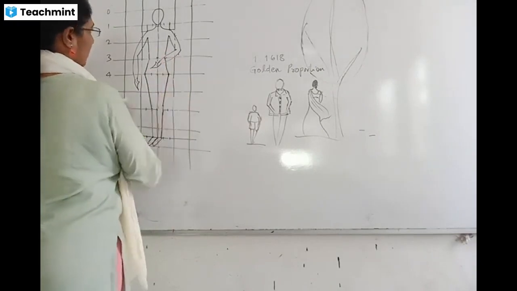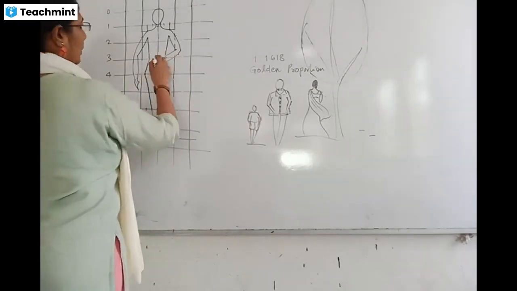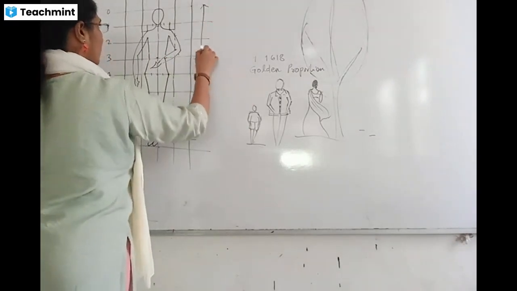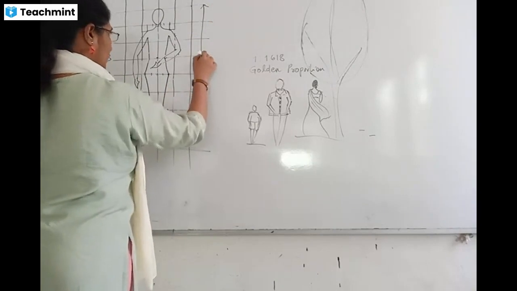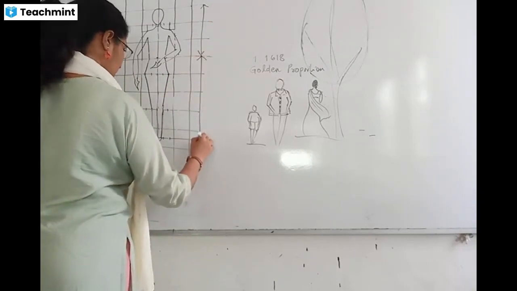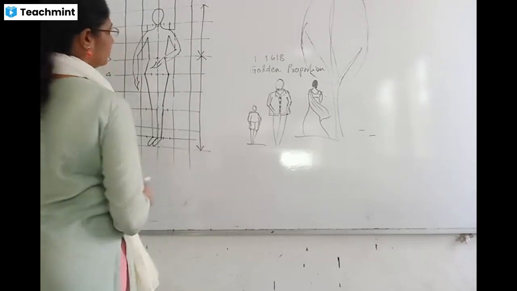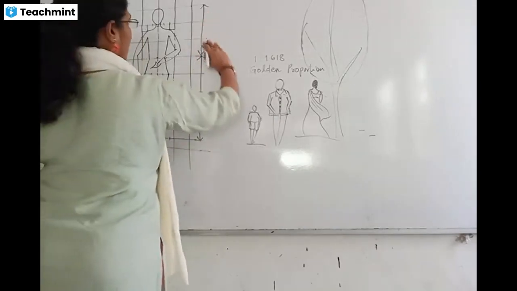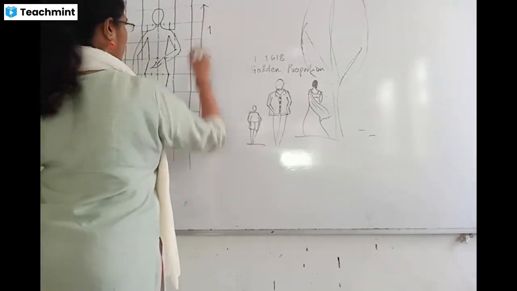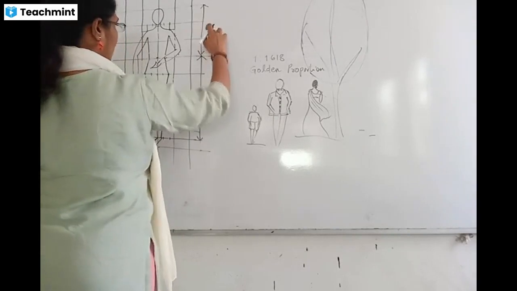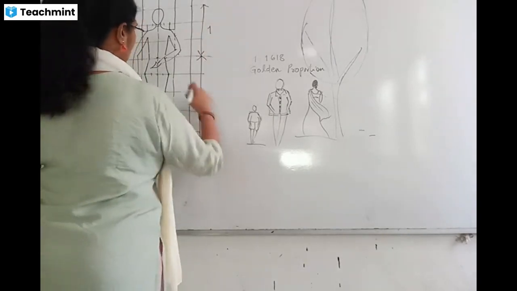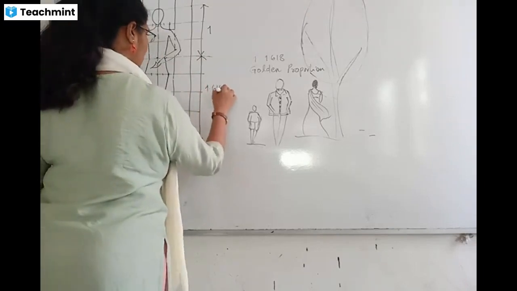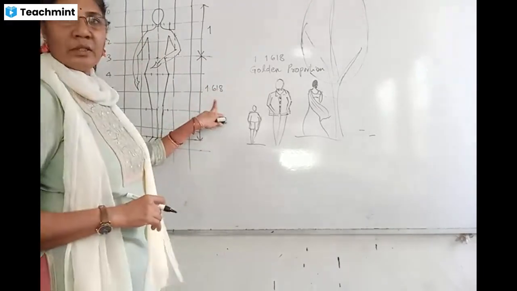This point here is the navel, and as we measure, considering the standard dimensions, if we take this height as 1, the remaining height from navel to the feet is going to be 1.618 as per the standard measurements.